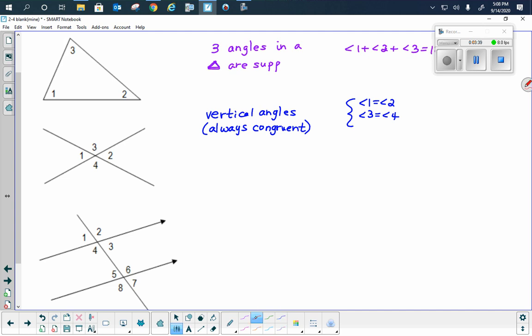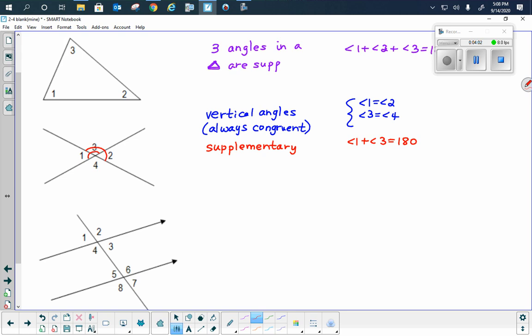Now, if I wanted to go with a relationship of supplementary, right? So any straight angles that I can come up with, well, you should see that angle 1 plus angle 3 equals 180. Okay, I'm just going to keep going around the picture. And then this one, right?